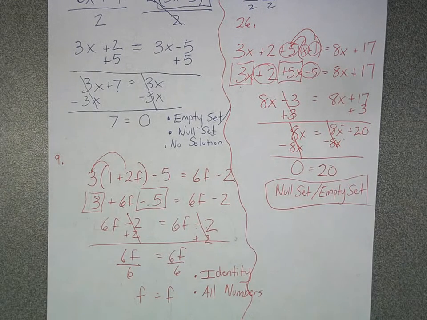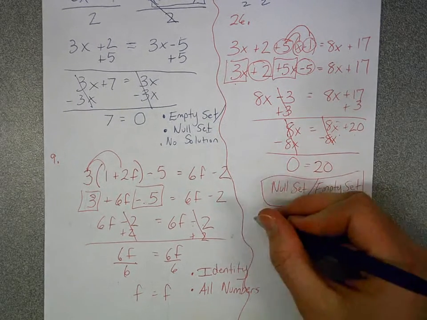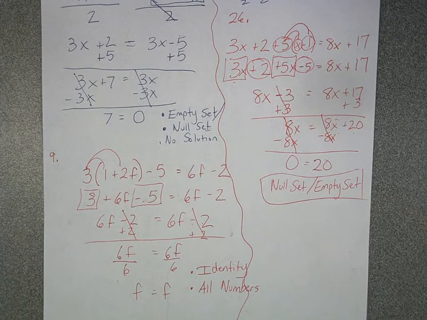Let's talk about one more type of problem. That last problem, I'm not going to be able to squeeze it in here, I don't think, so I will use another paper. All right, so this problem is slightly different. Let's go ahead and read the directions to problem number 50.